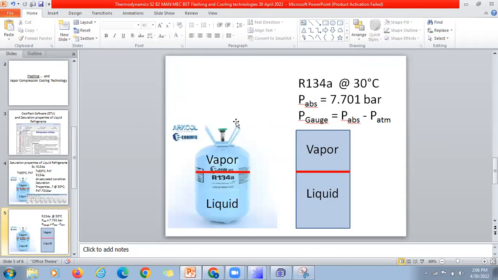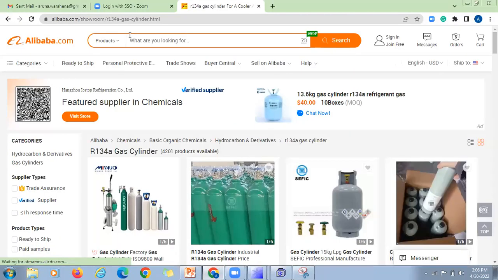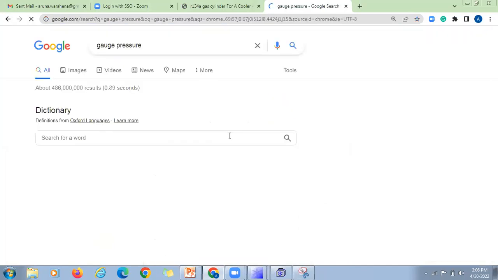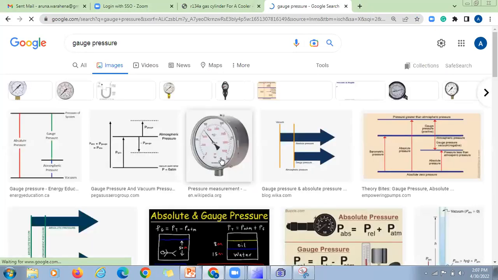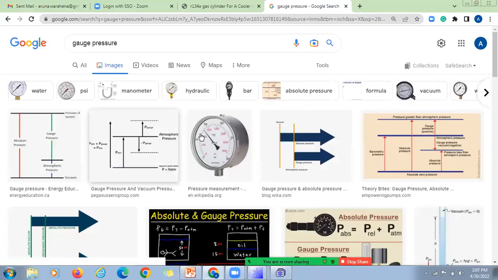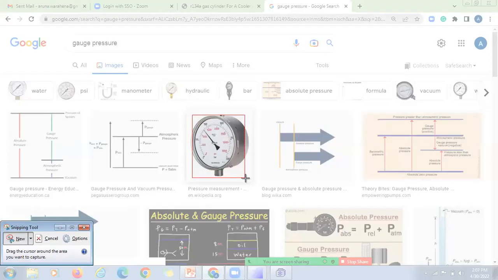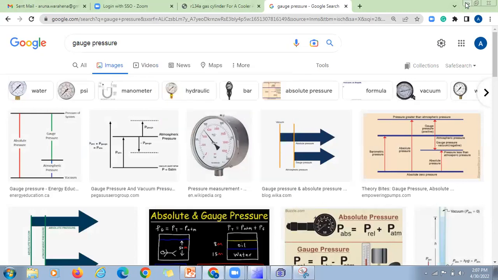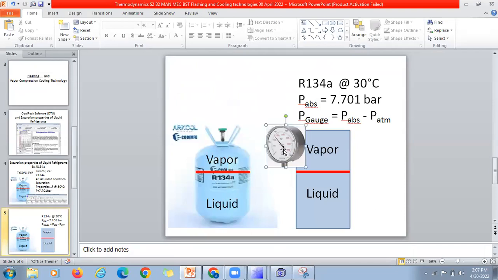P gauge means, if you put the gauge here, this is P gauge.